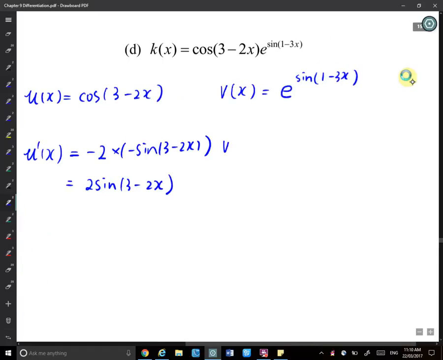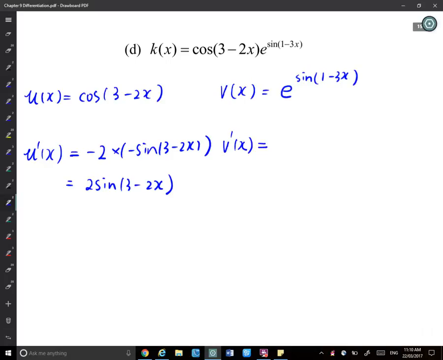Okay, let's have a look at v'(x). How can you differentiate this function? How do we differentiate e to the power of g(x)? What's the formula first? It's g'(x) times e^g(x). So what is the g'(x) here? Sin.